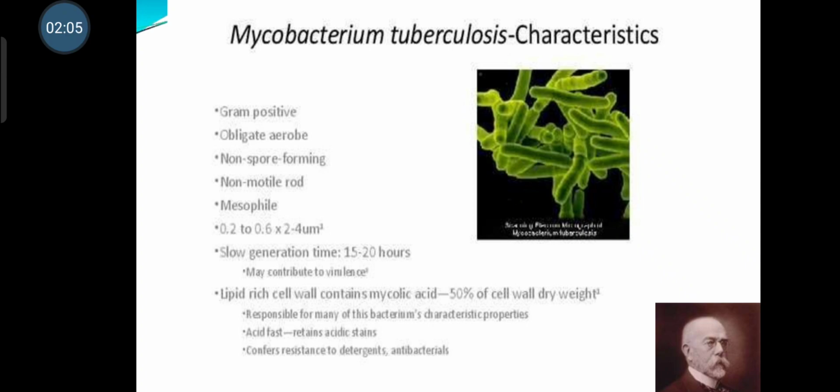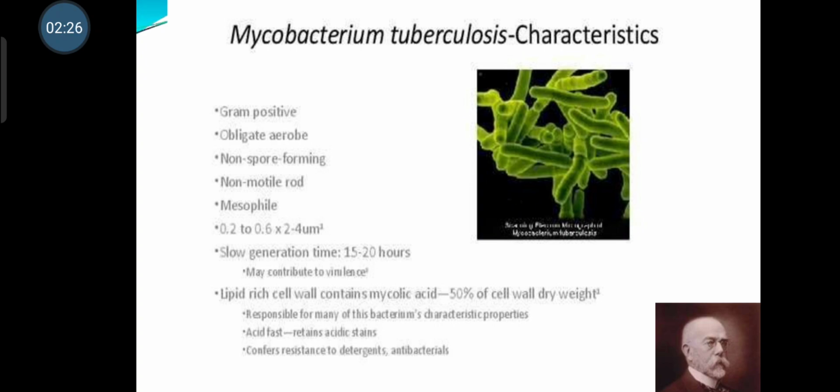The lipid-rich cell wall contains mycolic acid. Mycolic acid is a special type of acid present in the mycobacterial cell, forming 50% of the cell wall dry weight. It is responsible for various characteristic properties.